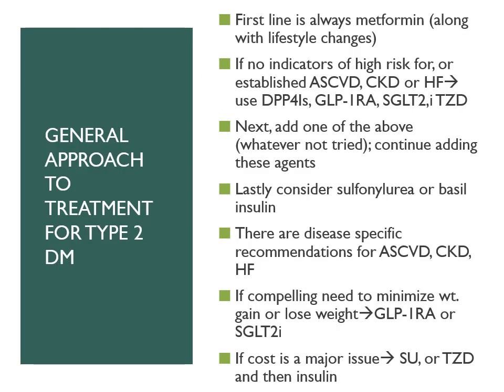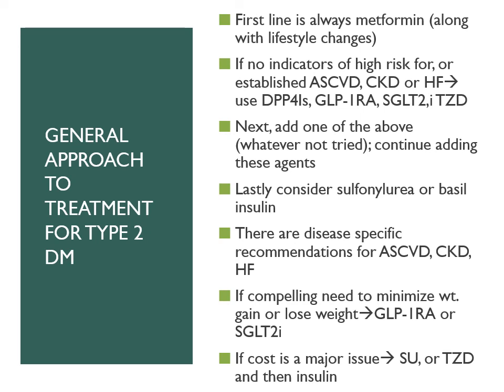This slide shows the general approach to treatment for type 2 diabetes, and it is based on the 2020 ADA guidelines. First line is always metformin, as I've said several times. If there are no indicators of high risk for or established ASCVD, CKD, or heart failure, you go next to the DPP4 enzyme inhibitors, the GLP agonists, the SGLT2 inhibitors, and the TZDs.